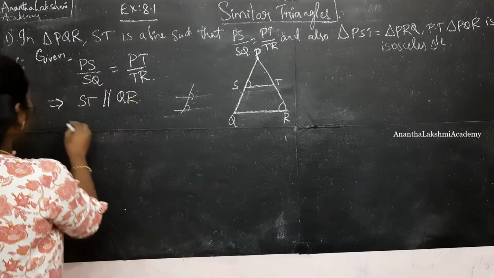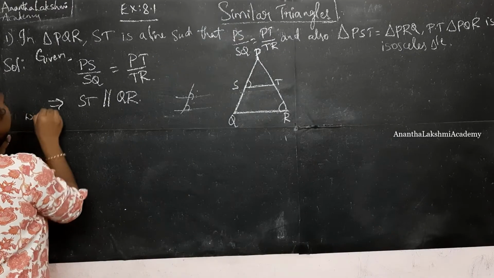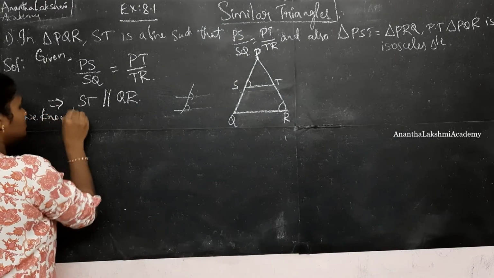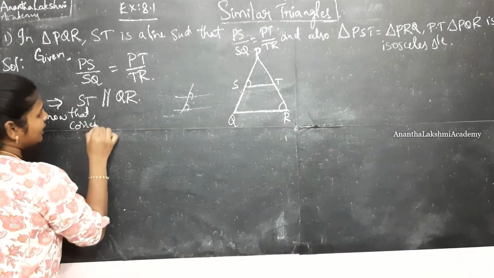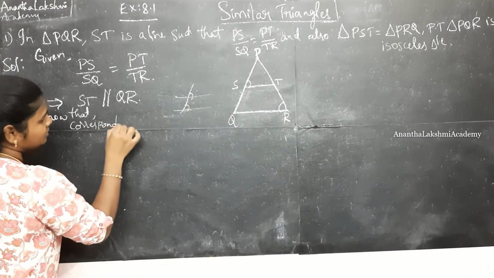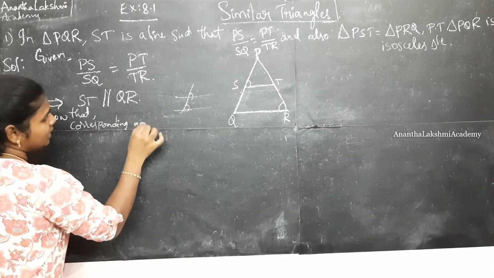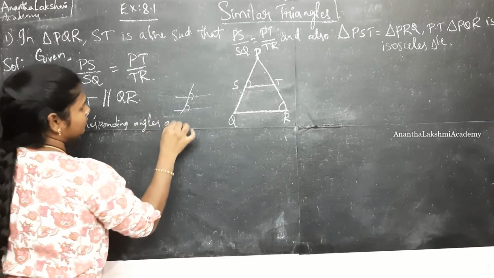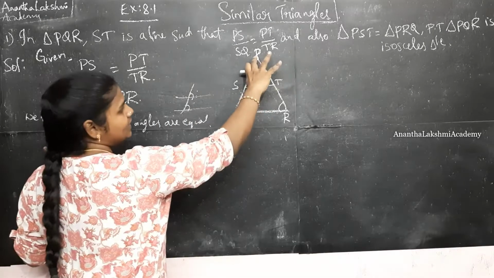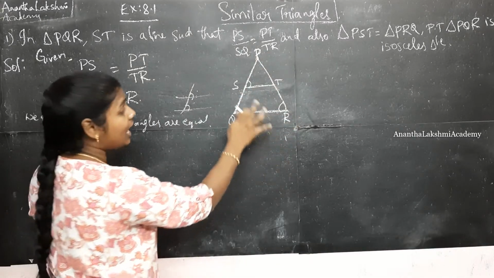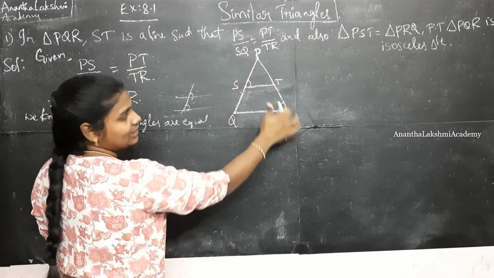Alright, so we know that corresponding angles are equal. Along with that, what is given in the statement? This angle and this angle are equal.